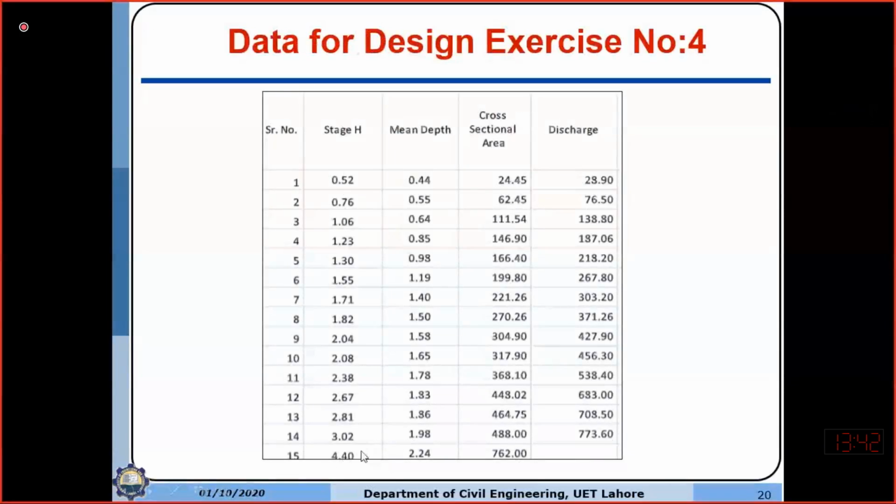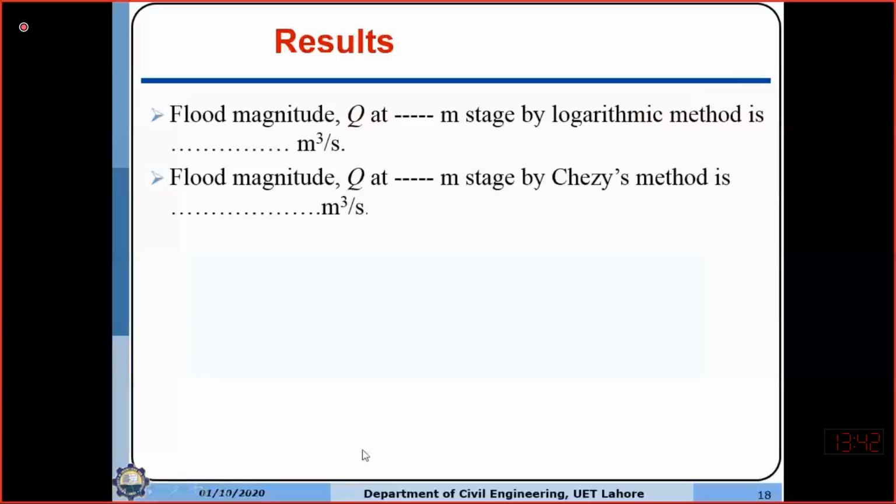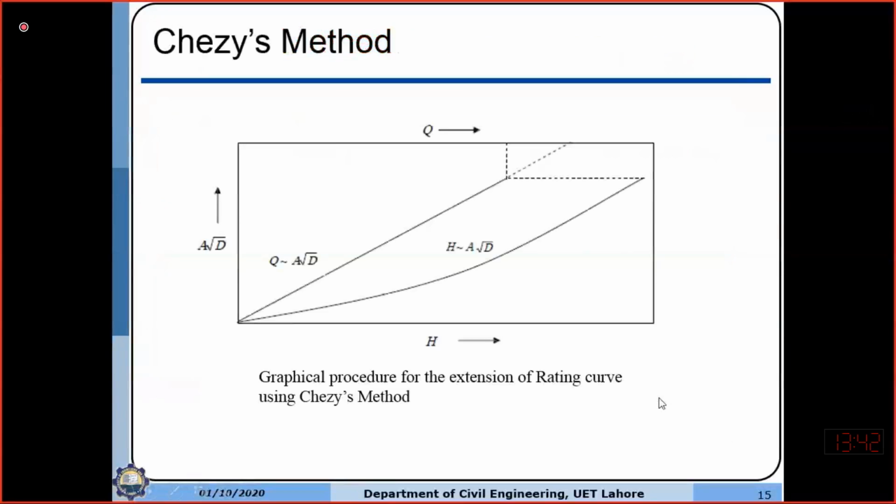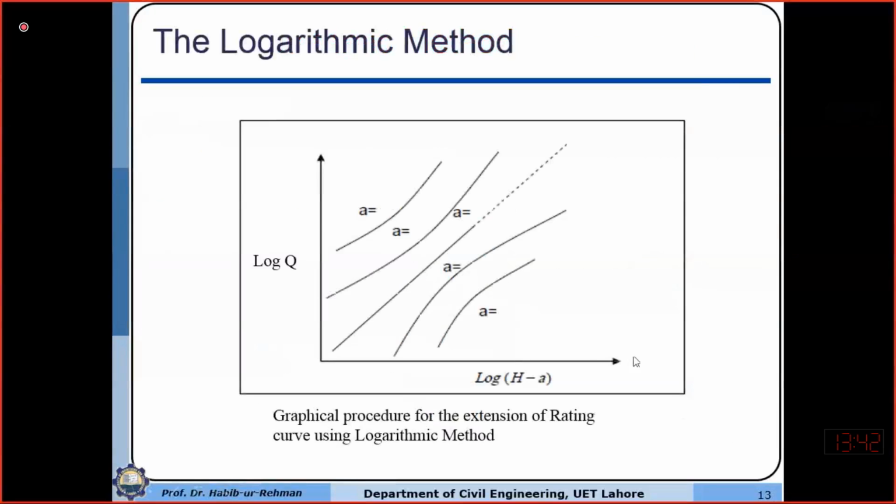So for this stage of 4.40, you will find log of h minus a for that value of a which has given you the straight line. Corresponding to this value, you will go to this graph and draw a vertical line meeting this extended portion, and then from this draw a horizontal line to find the log of q, and then take the anti-log to find the q value.